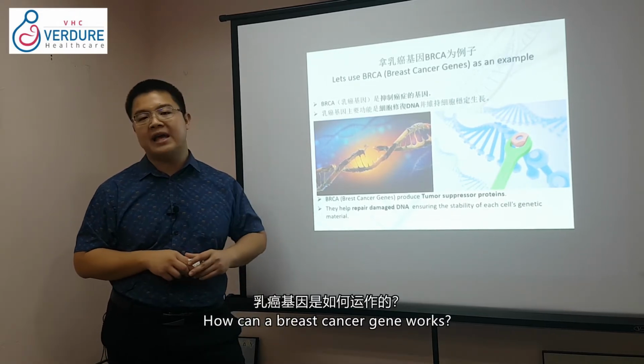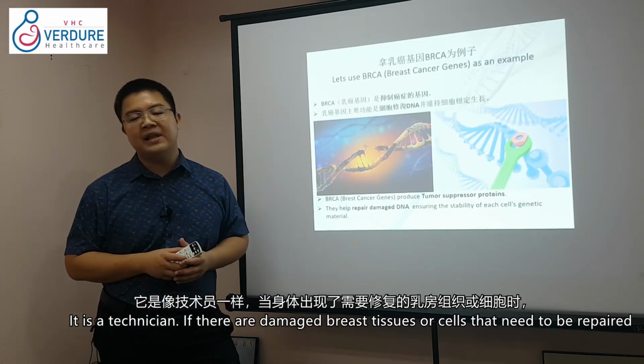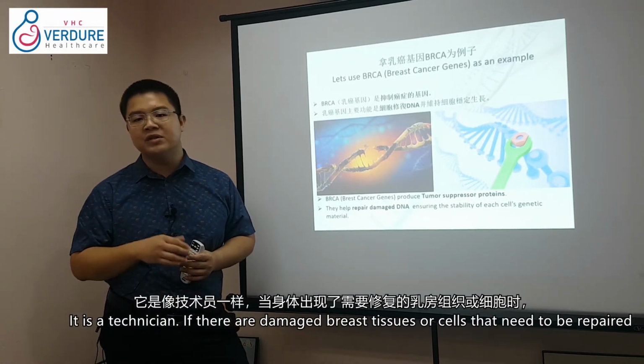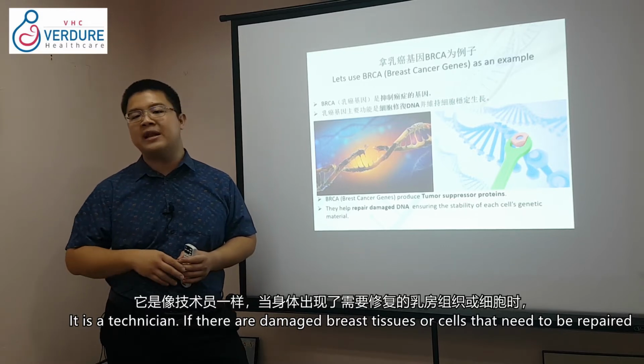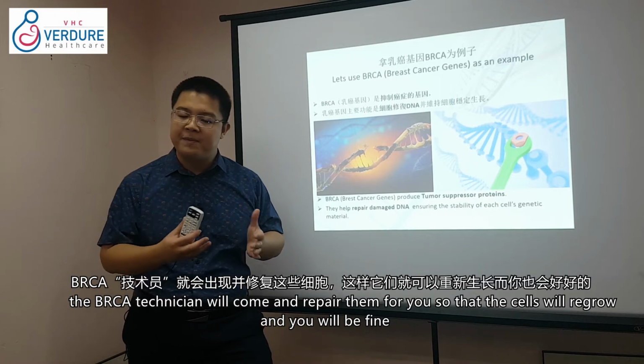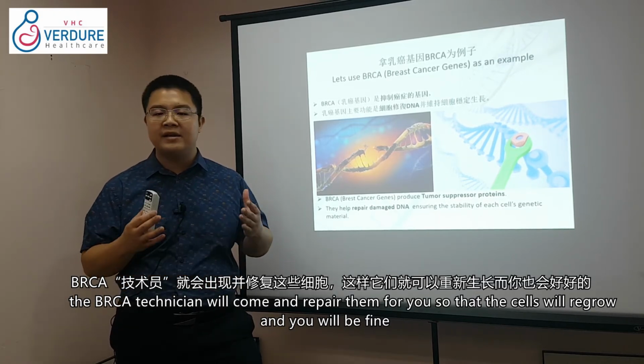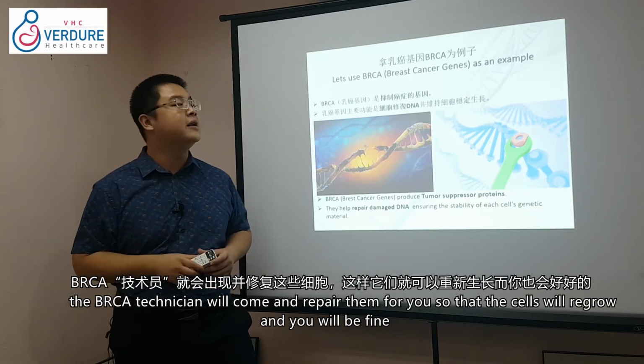So how does the breast cancer gene work? In fact, it is a technician. So if let's say there are some breast tissues or cells that are being damaged and need repairing, then the BRCA technician will come and repair those for you. The cells will regrow and supposedly you are fine.